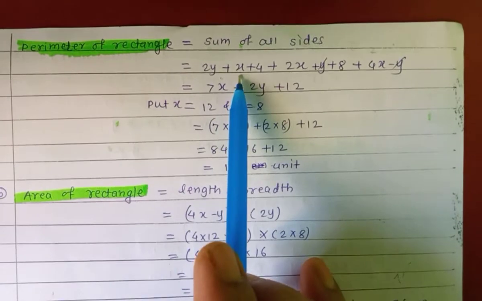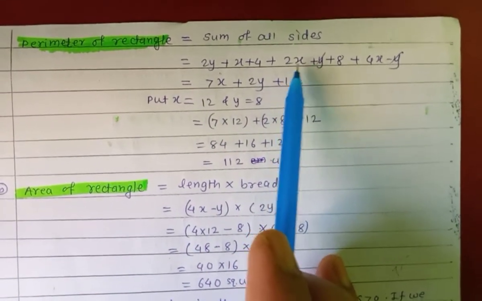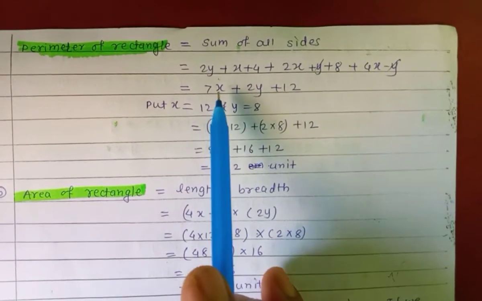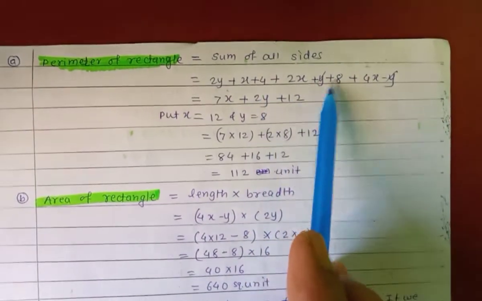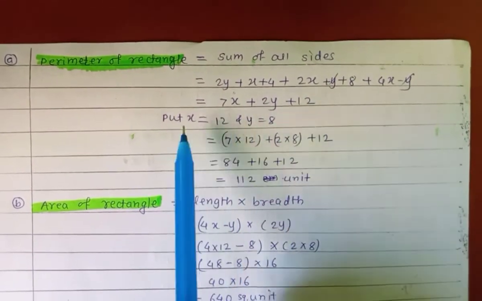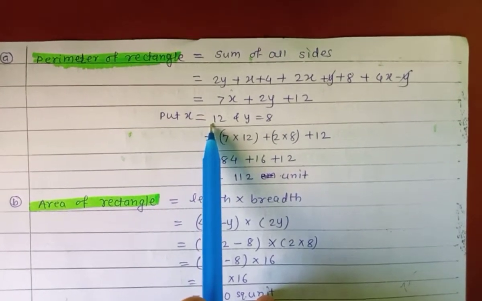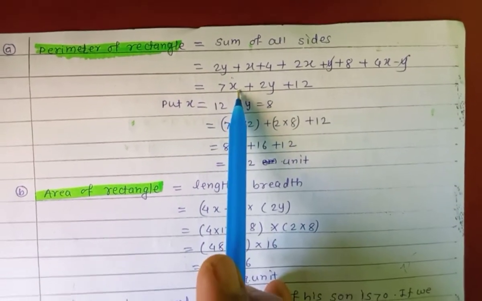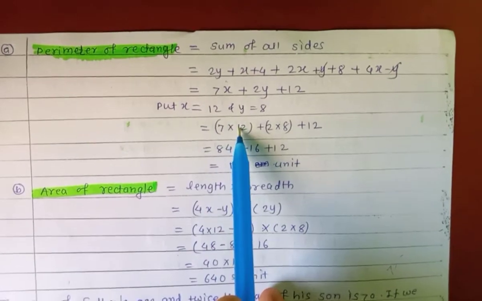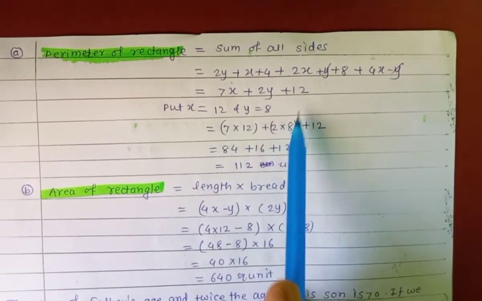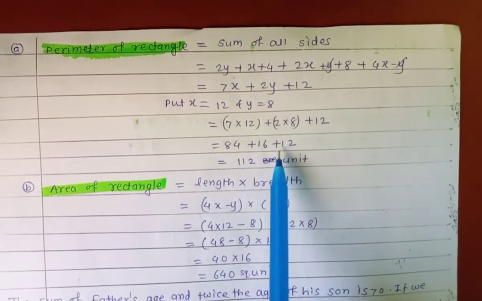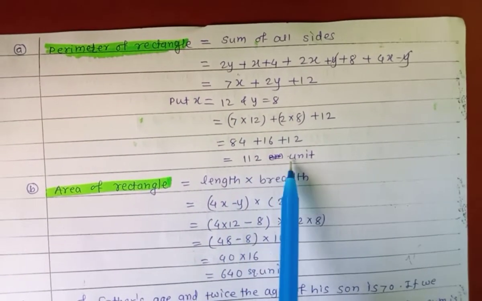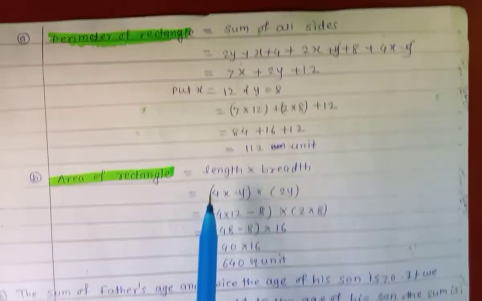Here x plus 2x plus 4x is 7x, plus 2y plus 4 plus 8, which is 12. Put x equal to 12 and y equal to 8, which we found earlier, in this equation: 7 into 12, 2 into 8, plus 12, therefore 84 plus 16 plus 12 is 112 units. That is the perimeter of the rectangle.